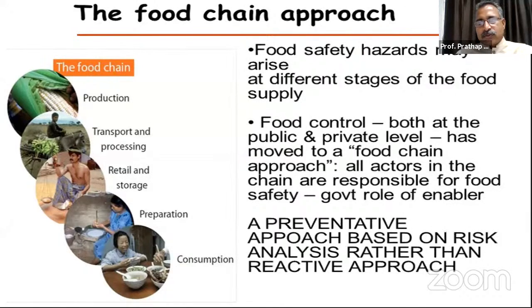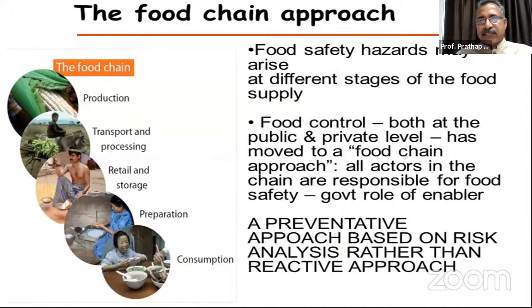Therefore, it is always assumed that food safety hazards may arise at any stage of the food supply. Therefore, both at the public and private level, this food chain approach is applied. Therefore, it is a preventive approach based on risk analysis rather than a reactive approach.